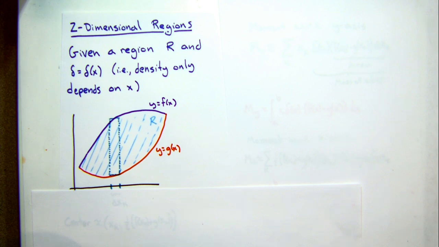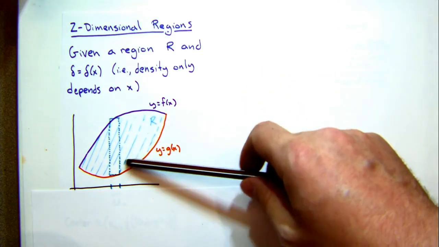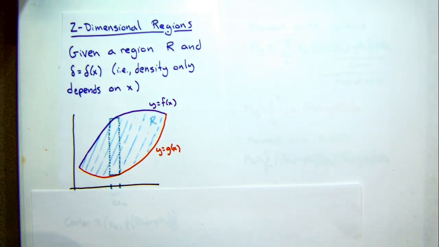And I'm going to assume the density only depends on my x coordinate, so that as I move along in the x direction, it varies. What that really is saying is, look, if I go up and down, it's the same density everywhere. Now, what if I want to have density vary with both x and y? Ah, that's good.